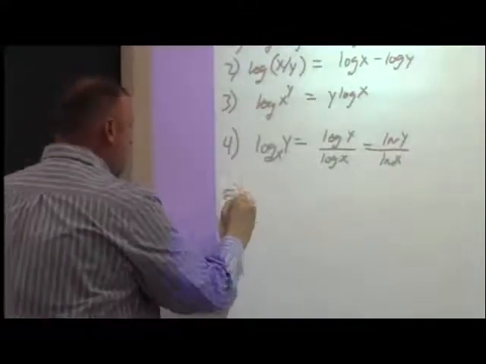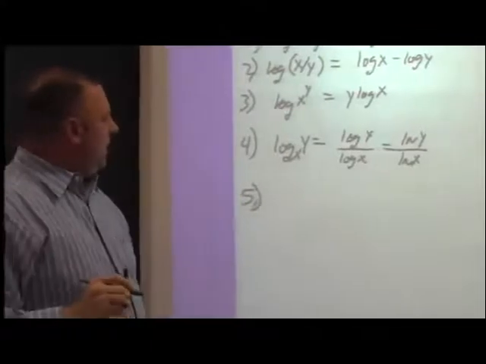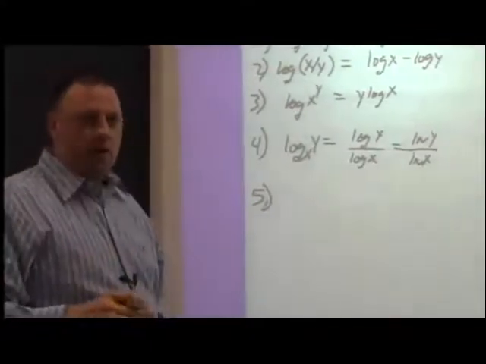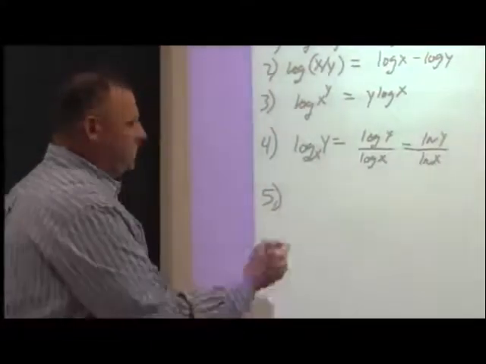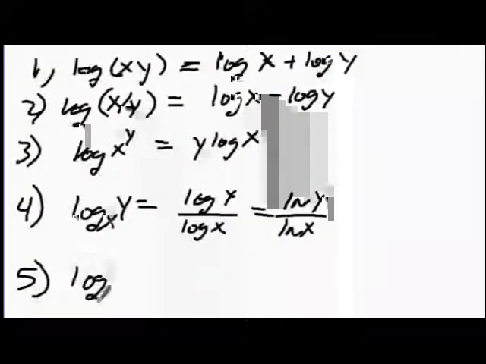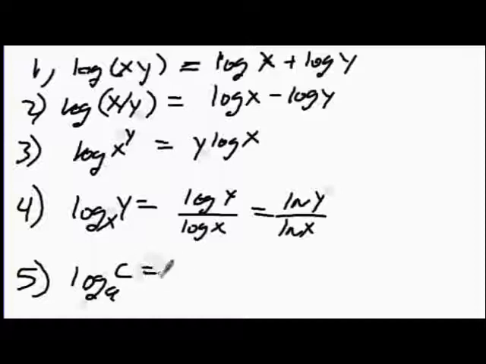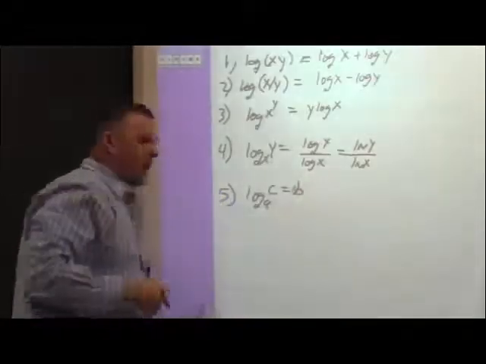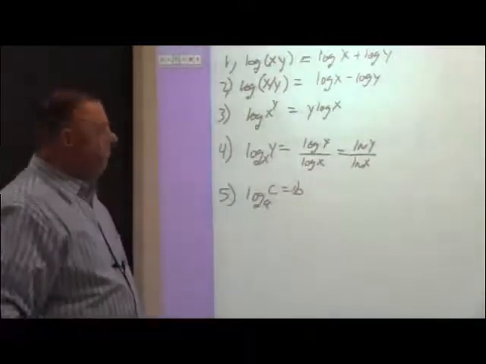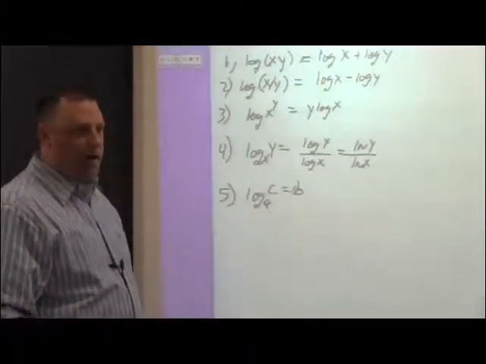And the fifth one, you need to be able to take a logarithmic expression and write it exponentially. So here's what I mean. Say you have log base a of c, and let's say that's equal to some number b. That's what I call logarithmic format. You can write it in exponential format. Here's how it goes.